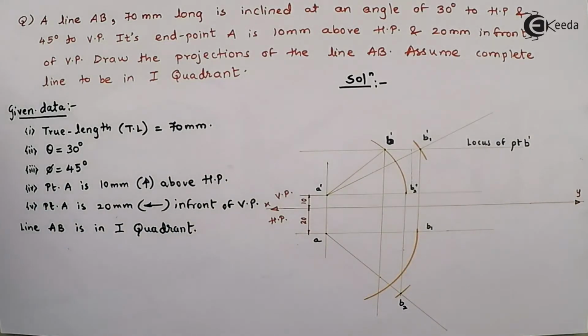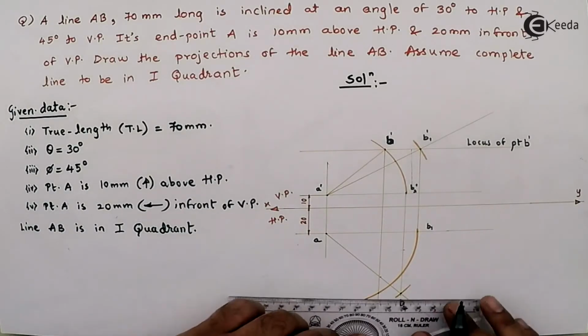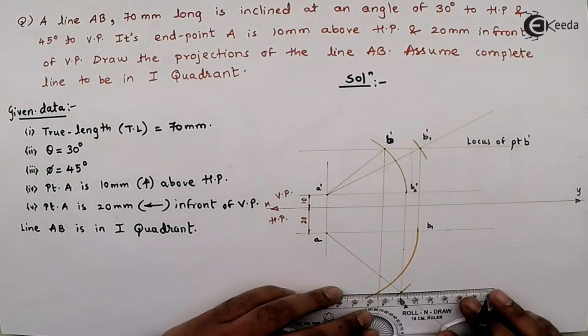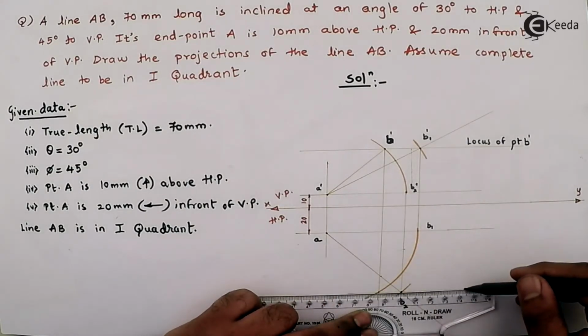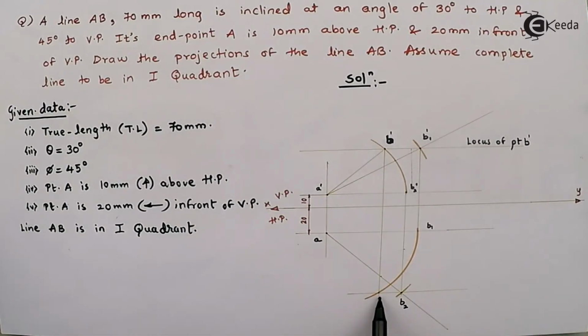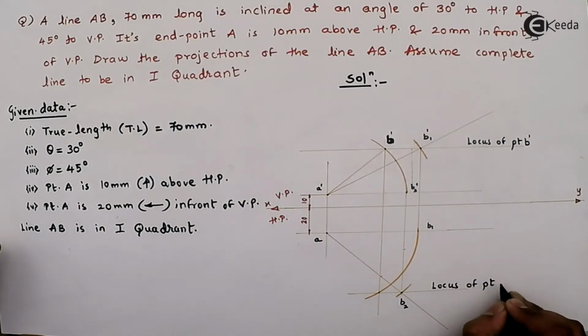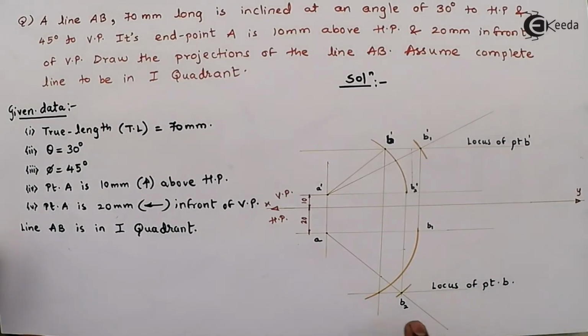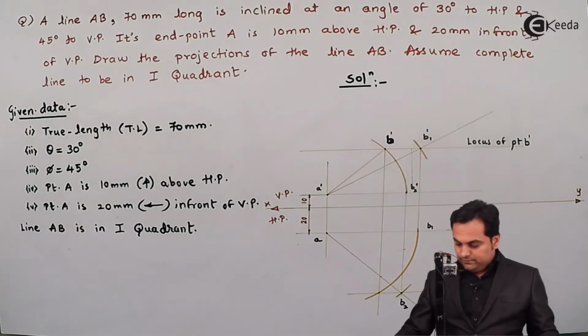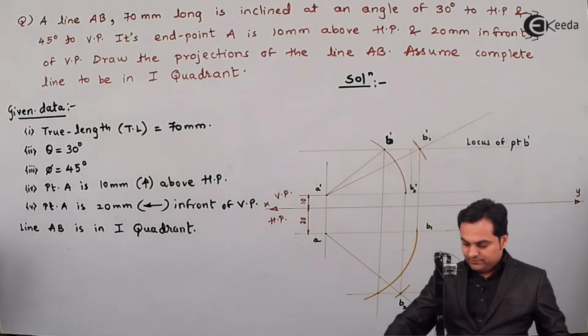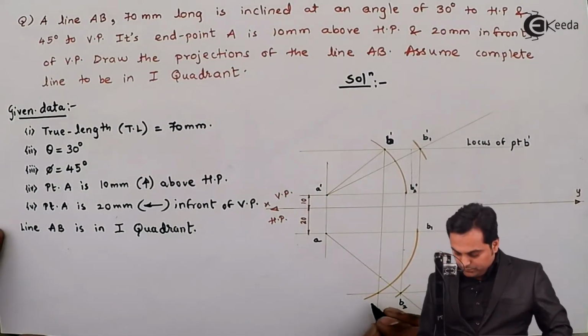Next, here we can see that if I draw a horizontal line through these points, I'm getting the same location, means this will be called as locus of point B.